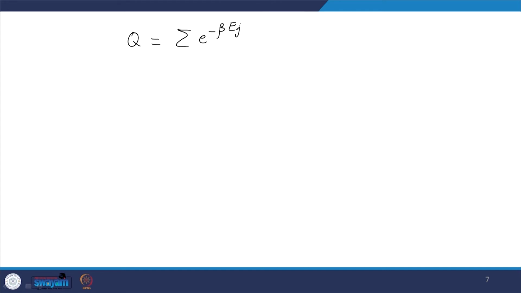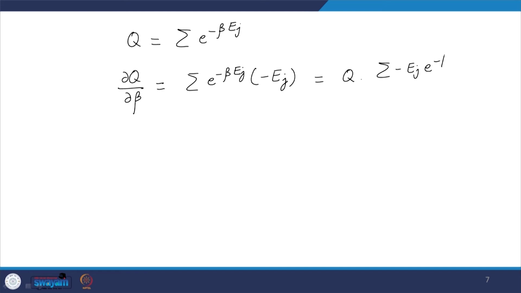If I take the first derivative, what we get is e to the power minus beta E_j multiplied by minus E_j, and this can be written as q multiplied by the summation of minus E_j e to the power minus beta E_j divided by q.